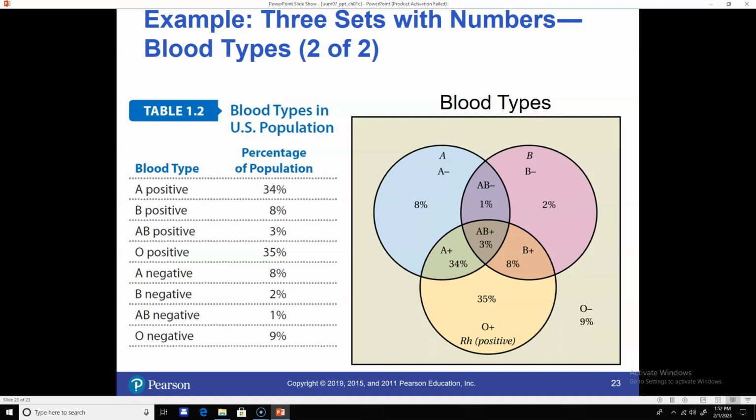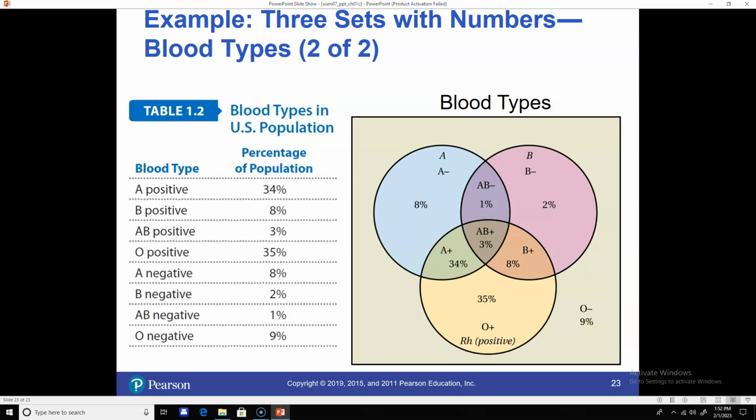Well, let's see, so how many do we have in the diagram? So we have the A negative and the 8% region. So inside the diagram, there are 1, 2, 3, 4, 5, 6, 7 based on the overlaps, and then the outside area is the O negative.